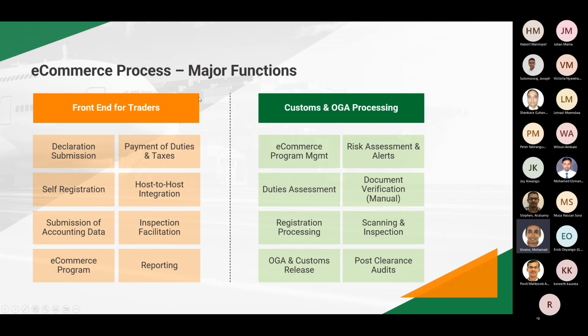On the right, you would see certain functions for the customs module that we also have, and also for OGA processing. In terms of risk assessment, defining risk alerts, how the verification process can happen, and being involved in the inspection process as well. Some of these elements I would cover in the demonstration subsequently.